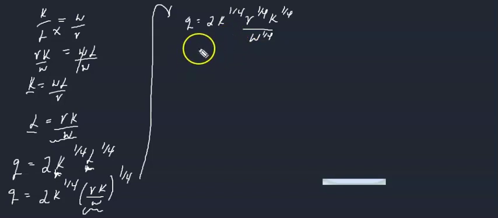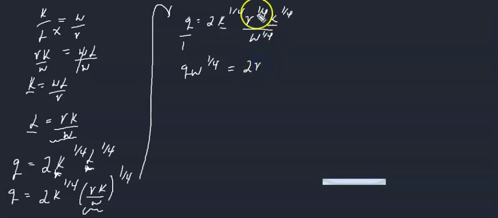So here we can cross and multiply because we want to make capital the subject. So we will have Q W 1 over 4 is equal to 2. Then we can see that the K and the K are common. So we can just get 1.